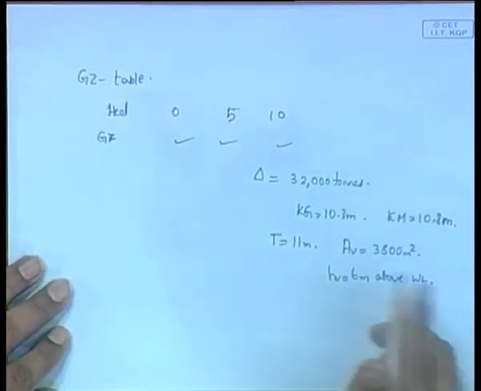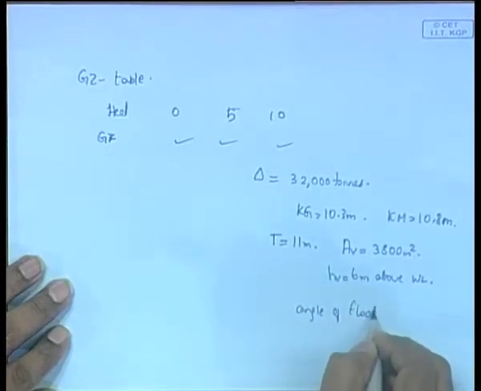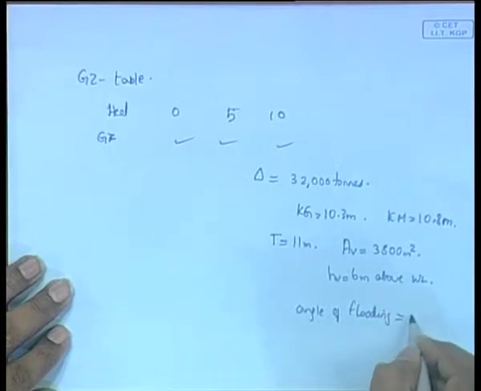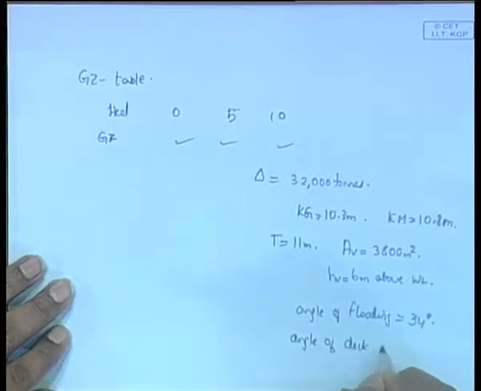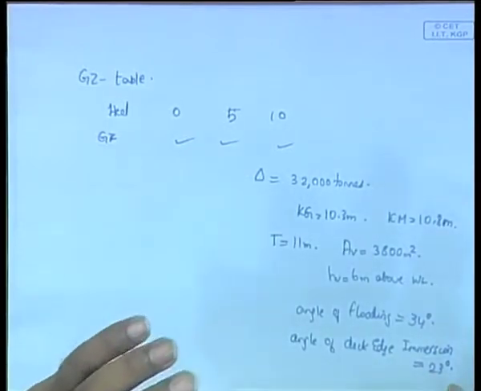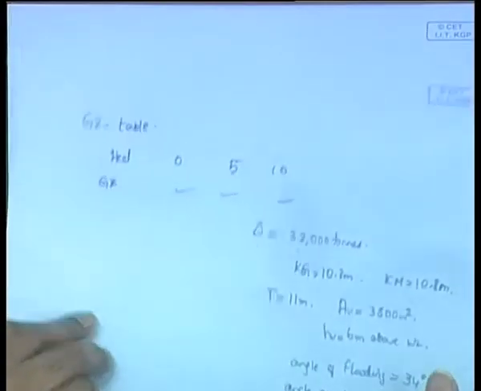Then you are told that the angle of flooding is equal to 34 degrees, and one more is required, which is known as the angle of deck edge immersion, and that is also given to be 23 degrees. Now, you are asked, is the ship stable, will it pass the stability test? So, we will see the whole test we have to do.